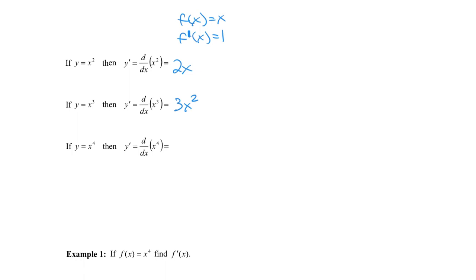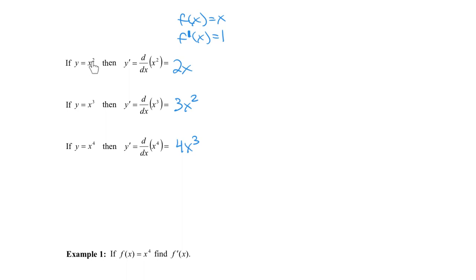So looking at the pattern here, from x squared we get 2x, from x cubed we get 3x squared. If you had to make a prediction about x to the fourth, what would you think? I think you'd probably say 4x cubed. Okay, I mean, it looks like it's following some sort of pattern, right?